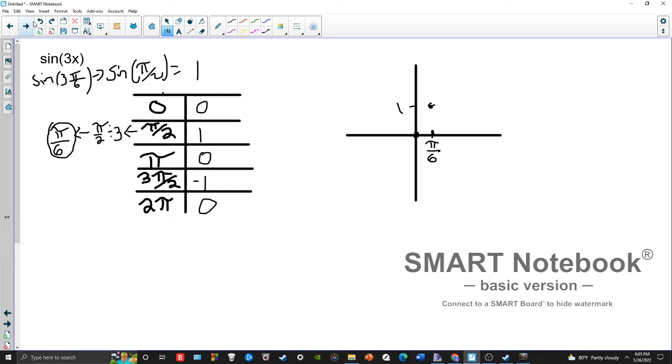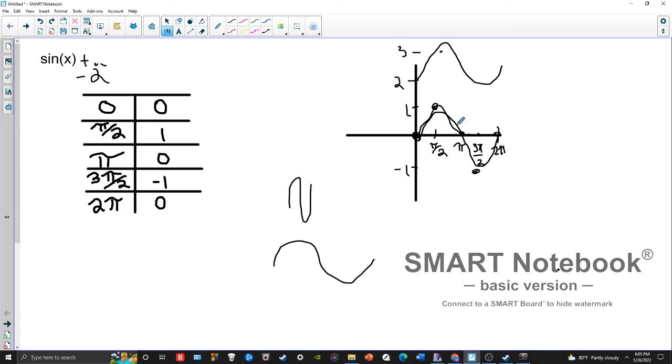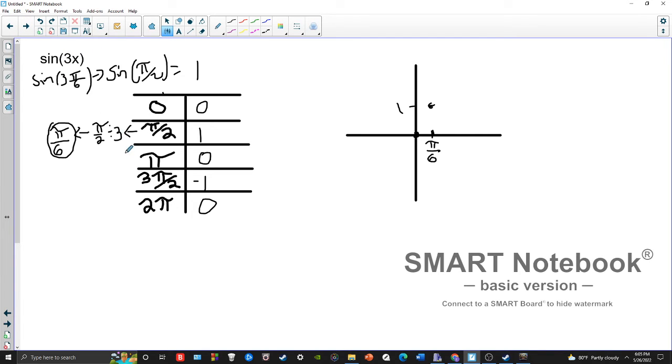So for example, in this case, my next point would be that, if I traveled from pi over 2 to pi, my next thing would go from 1 back down to 0. That'd be the next point I hit 0 is when I plug in a pi here. Well, now since I'm multiplying by 3, I don't need to plug in a pi. I need to plug in a pi that's been divided by 3, or put another way, pi over 3.